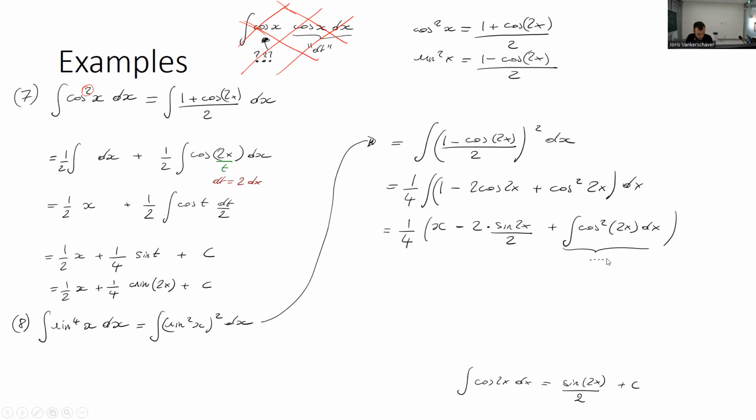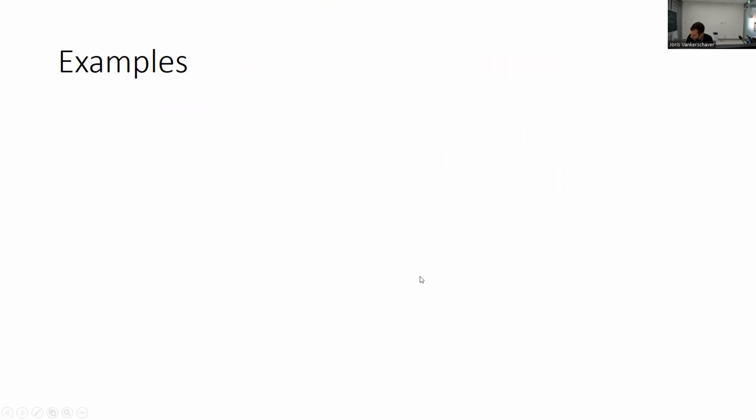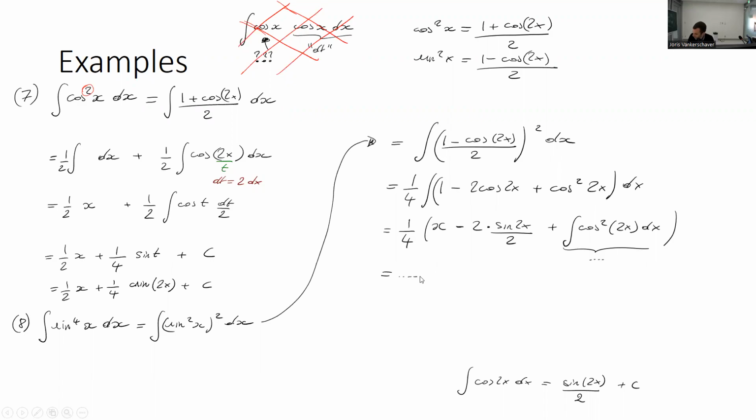In order to do that, we can use the results that we obtained earlier. So I'm going to leave some space here and fill that in. But I'm going to need one more line to do one auxiliary computation. So what is the integral of cosine squared 2x dx?